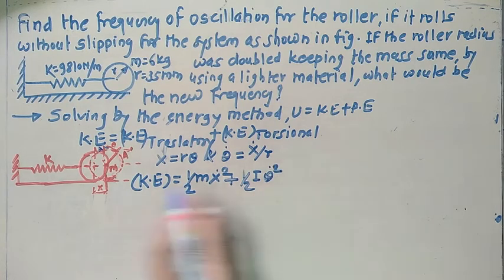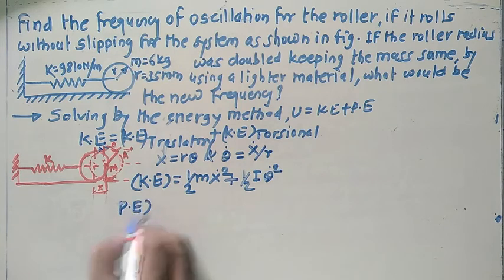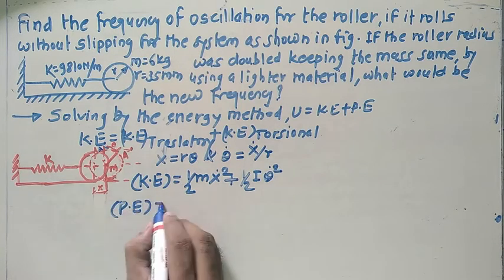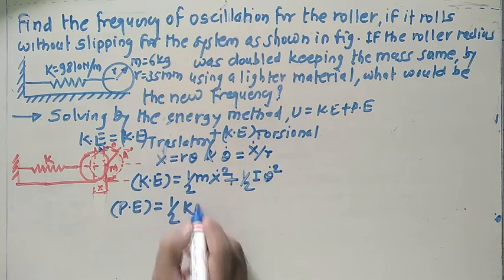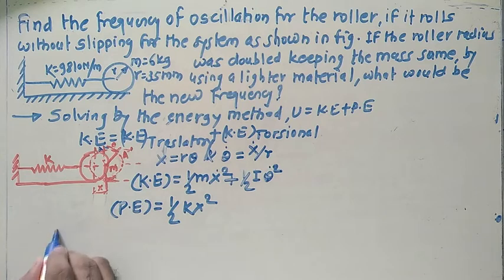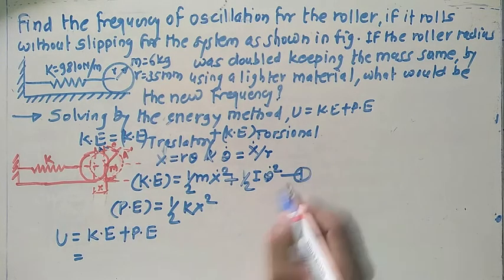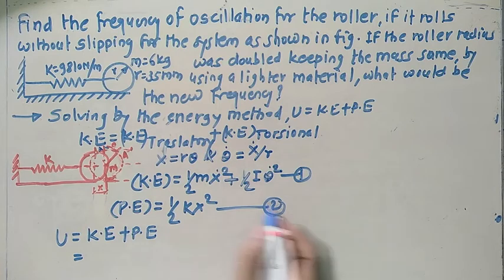So what about the potential energy? The potential energy possessed by this spring is 1/2 k x square. What about the total energy? Total energy is kinetic energy plus potential energy. Kinetic energy is already with us from equation number 1, and from equation number 2, potential energy.